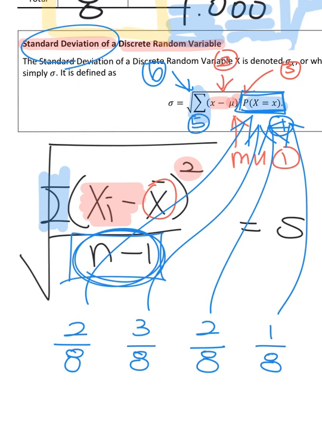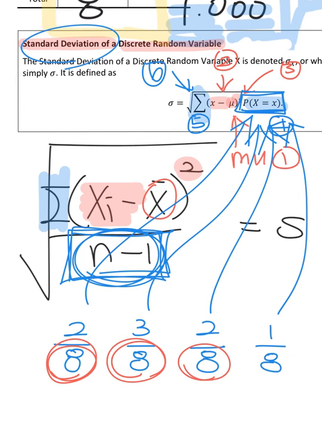But before, we divided by 1 over n, which was 1 over 7. 8 minus 1, 7, 1 over 7. But now, we are doing 1 over 8, 1 over 8, 1 over 8, 1 over 8. The division by n minus 1, the probability has the role.